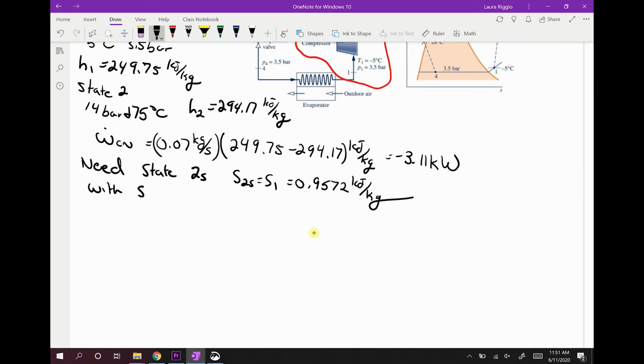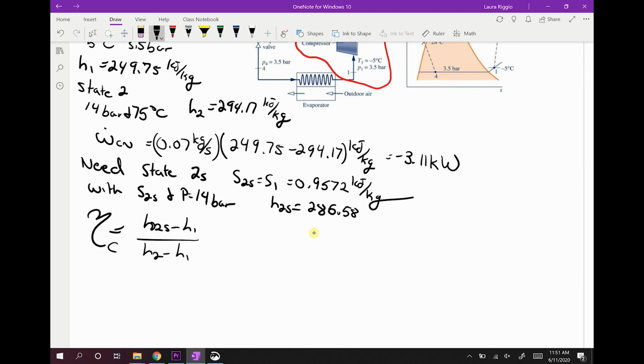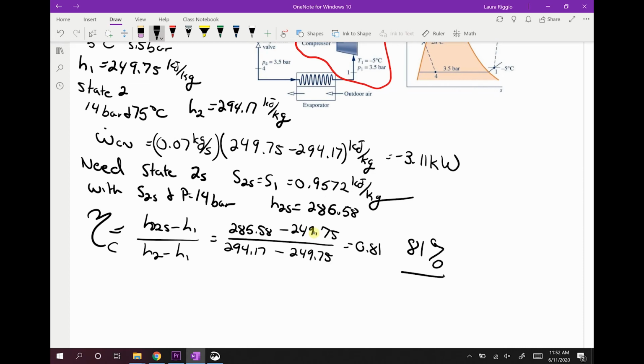So with S2S and P equals 14 bar, we're going to get H2S is equal to 285.58. So our efficiency for our compressor, which is H2S minus H1 over H2 minus H1, is 81%.